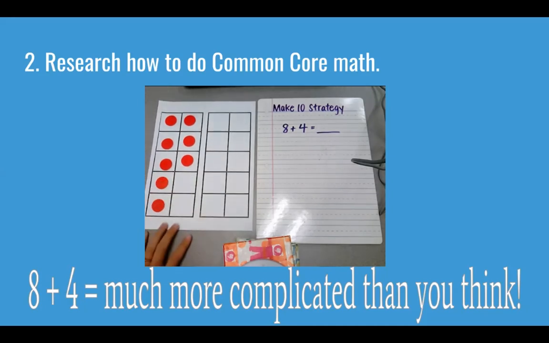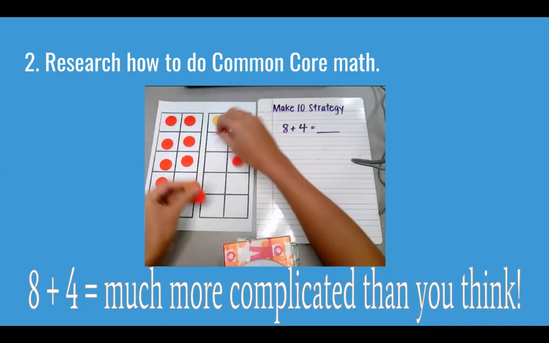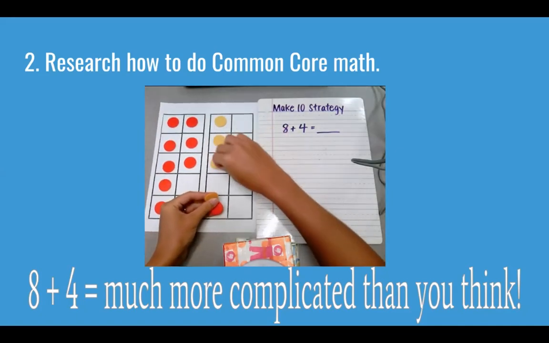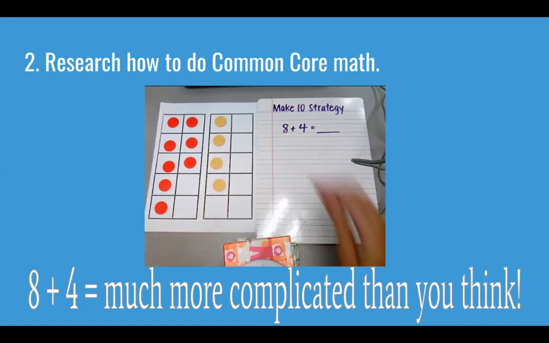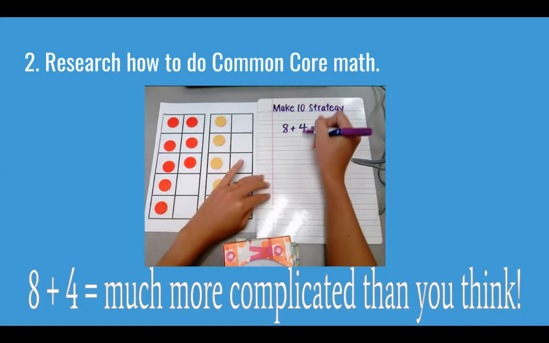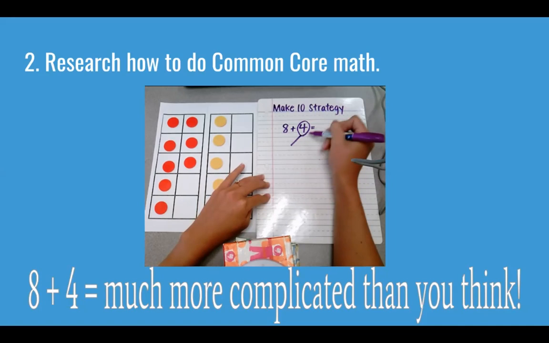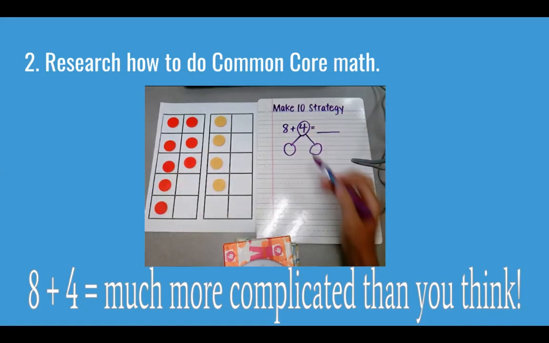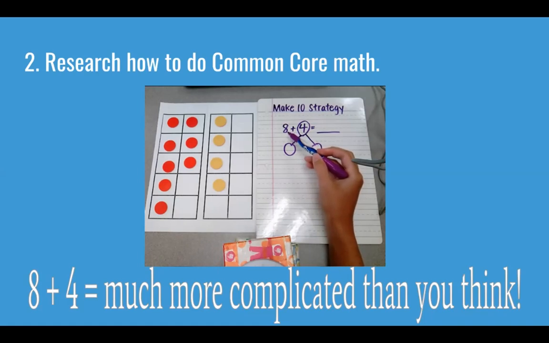Okay, so there we have 8 plus 4. Now we want to make 10. So we're going to decompose this number 4 into a number bond. Essentially we're asking ourselves, what do we need to make this 8 into a 10?